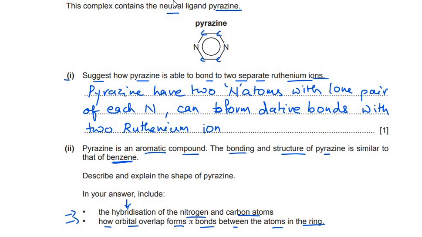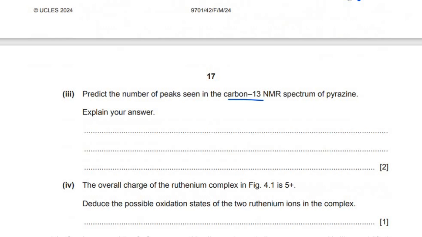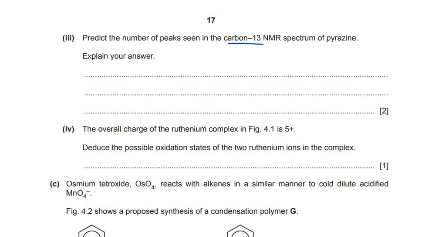Here each carbon is bonded to 1 carbon and 1 nitrogen. So all the 4 carbon are in the same environment, and so it's going to give only 1 peak.